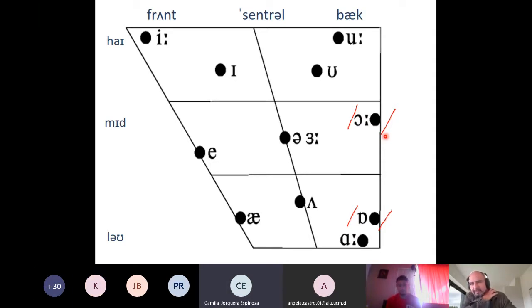Because usually long sounds are connected with more muscular effort to maintain the sound.